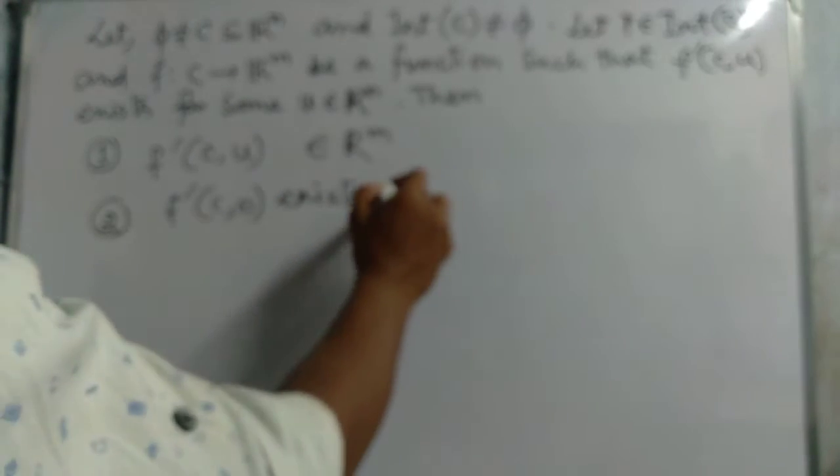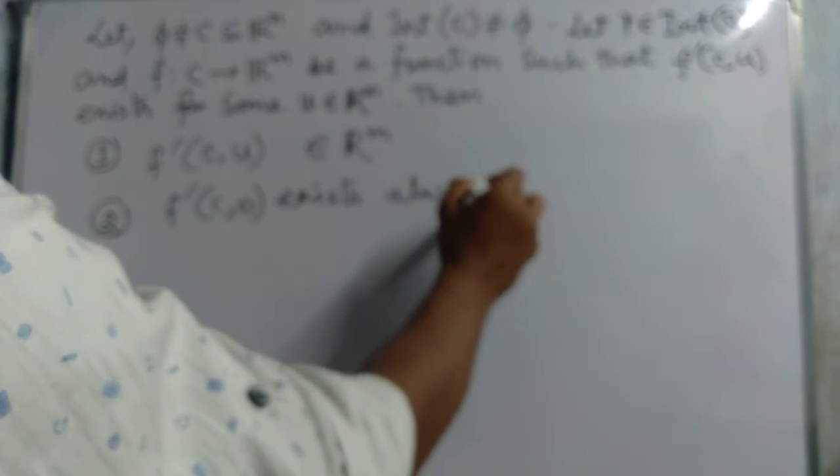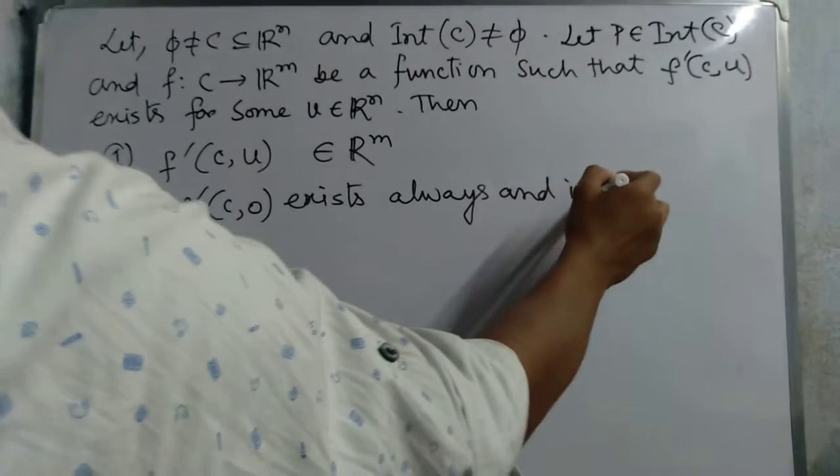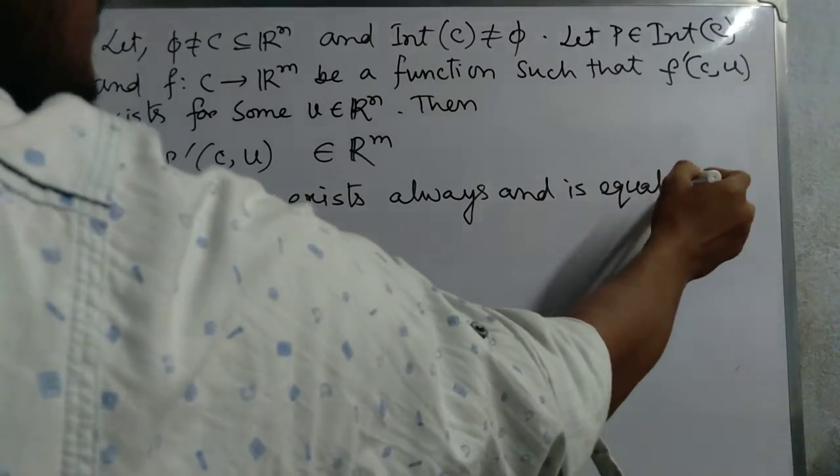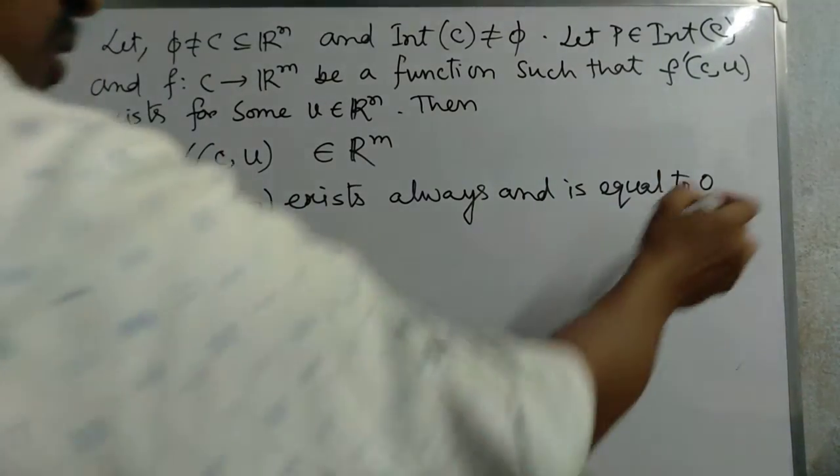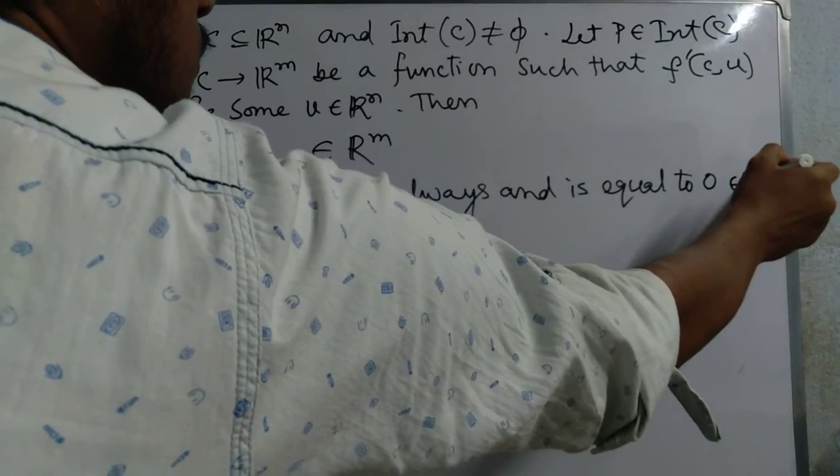Then first, f dash(c, u) belongs to Rm, and second, f dash(c, 0) exists always and is equal to 0, belongs to R to the power m.